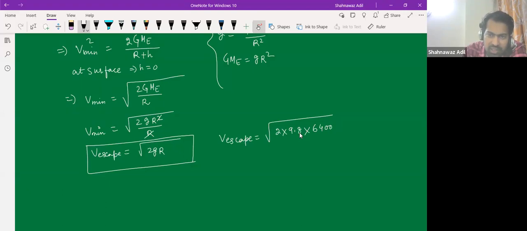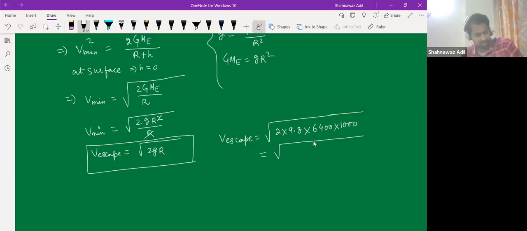So let us write it in meters: 6,400 kilometers is 6,400 times 1,000 meters. So this would be how much? 9.8 into 2 into 64.